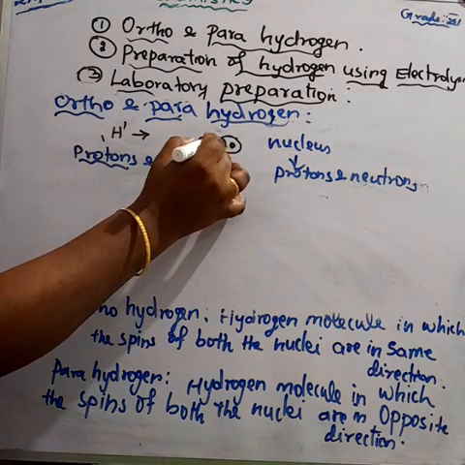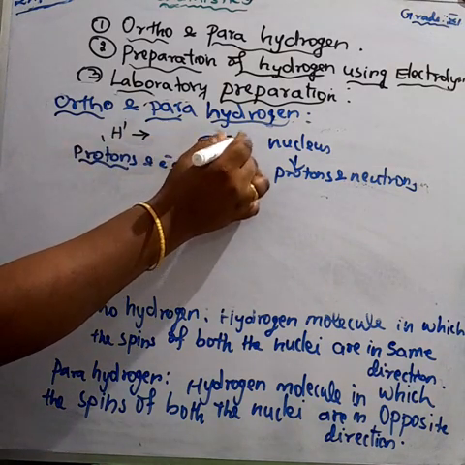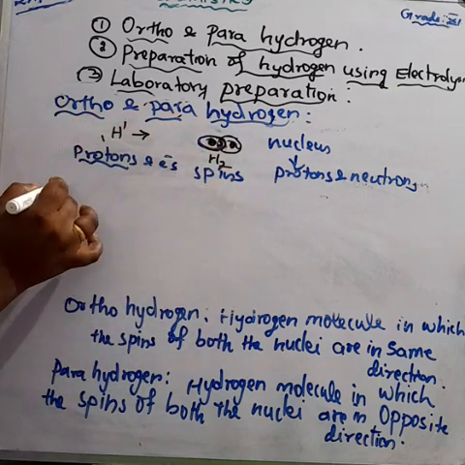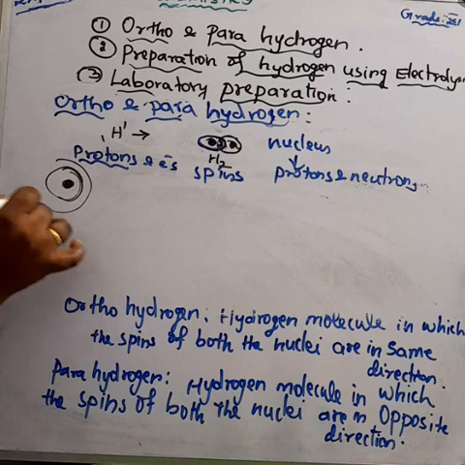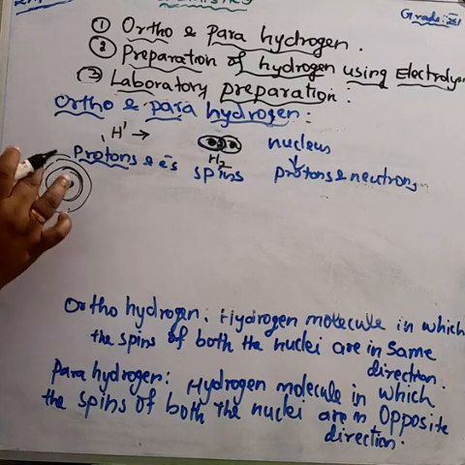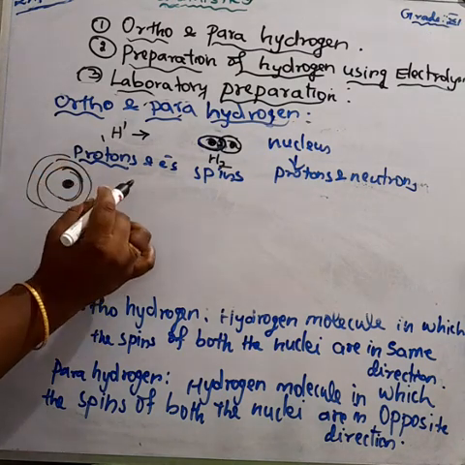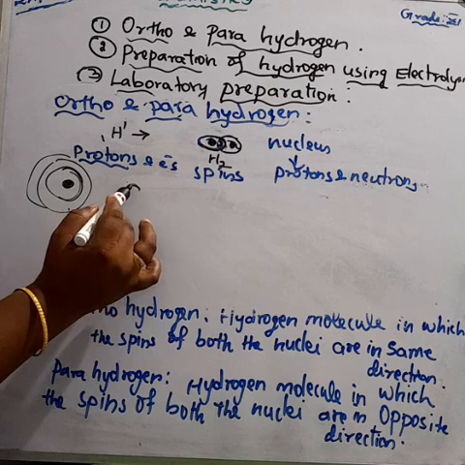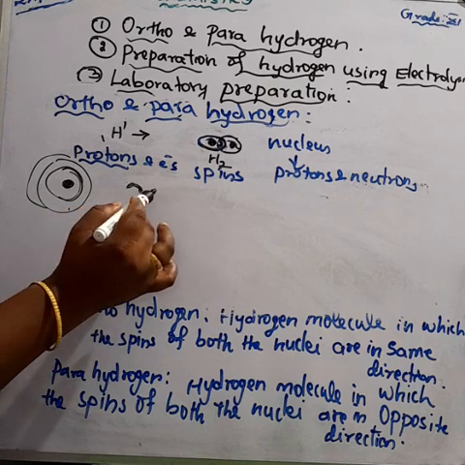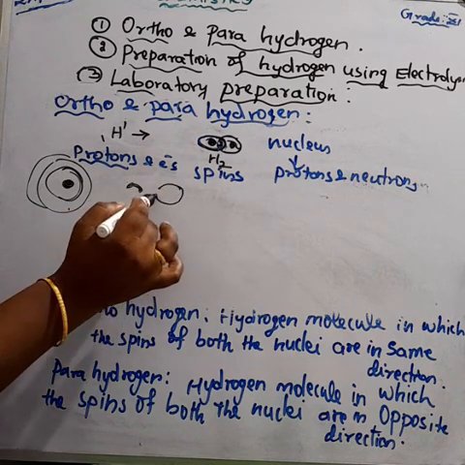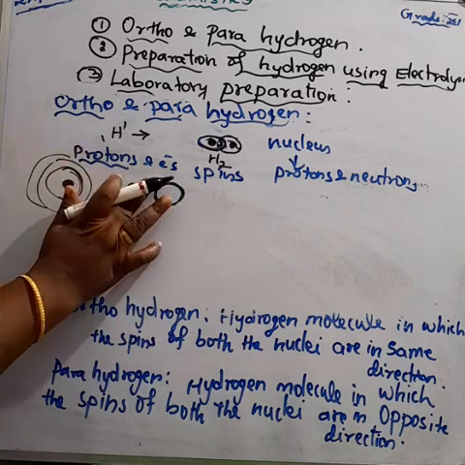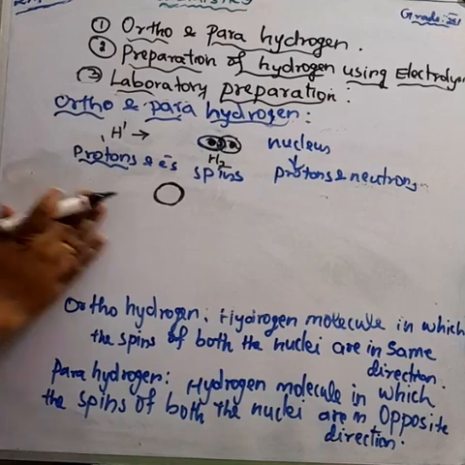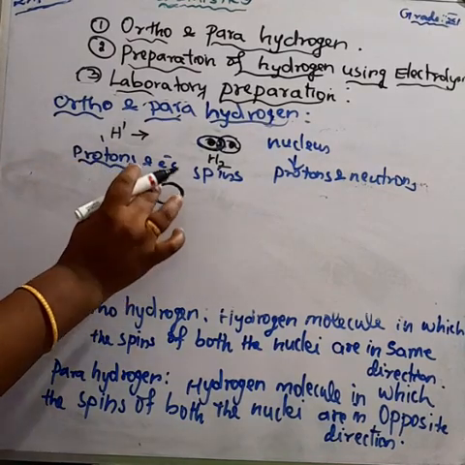Just as the Earth revolves around the sun, electrons revolve around the nucleus. And just as the Earth rotates on its own axis, the proton in the nucleus also rotates on its own axis.